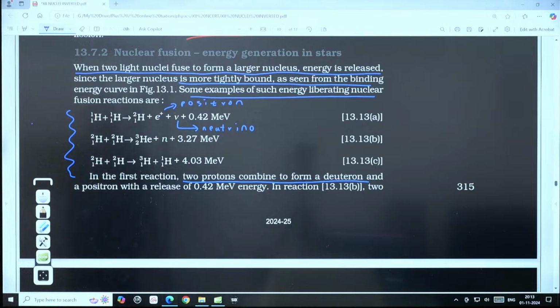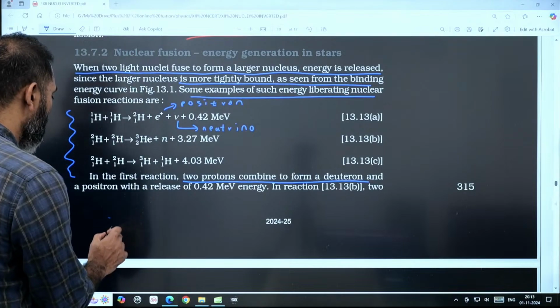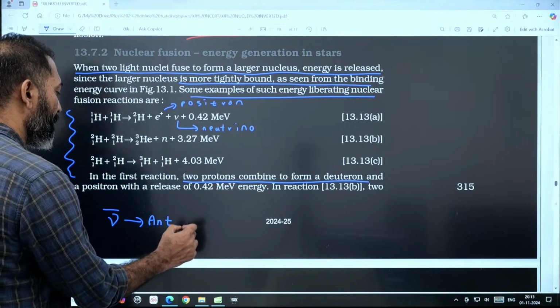E plus stands for positron. Nu stands for neutrino. The opposite to that is antineutrino. This is called antineutrino.